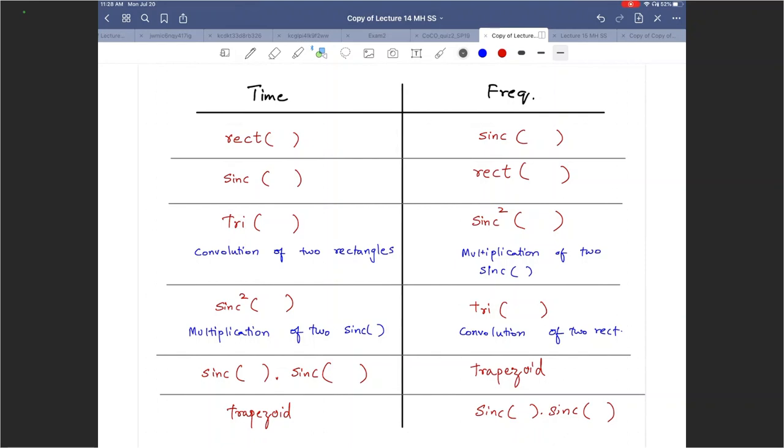So this particular table doesn't have too many details because it's talking about functions, but you will have access to Fourier transform properties and Fourier transform pairs tables. Those tables you should use to your advantage as much as possible, right?